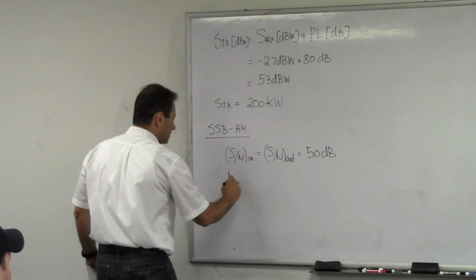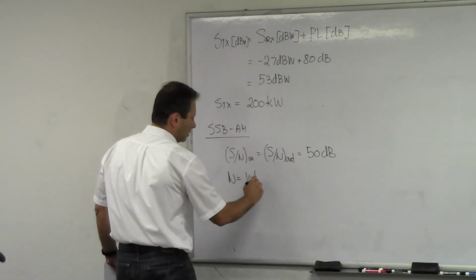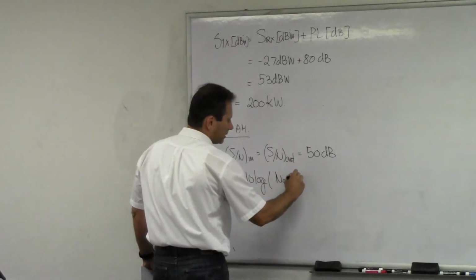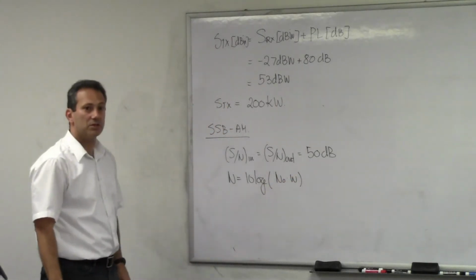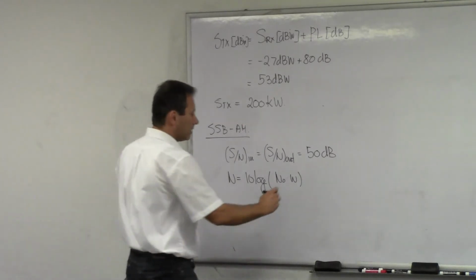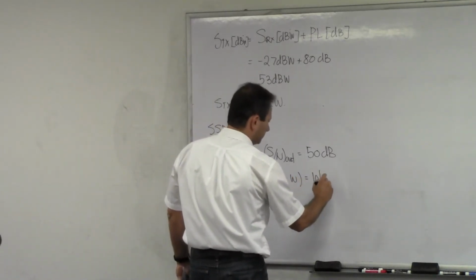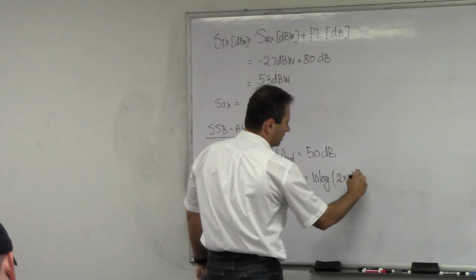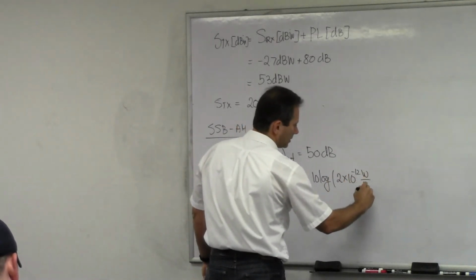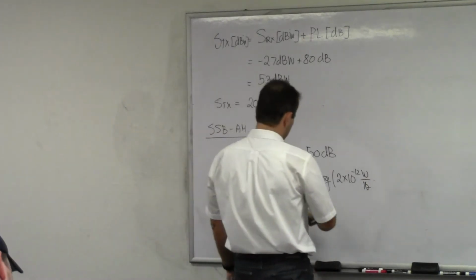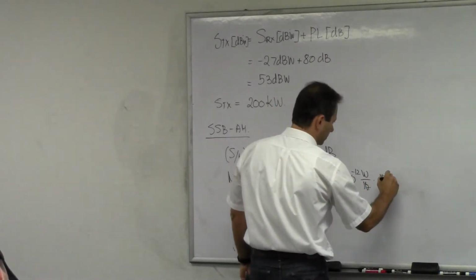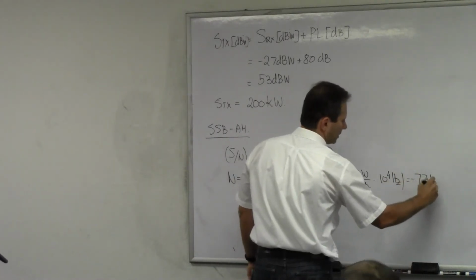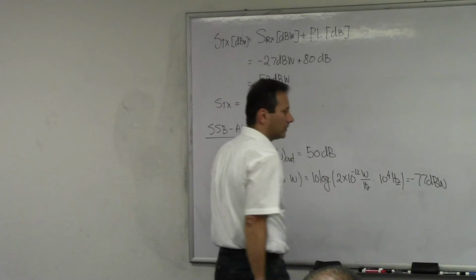The noise power in this case is going to be 10 log of the noise power spectral density times the bandwidth. Bandwidth in this case is just W. So this becomes 10 log of 2 times 10 to the minus 12 watts per hertz times W, which is 10 to the 4 hertz, and this gives you minus 77 dBW, right?